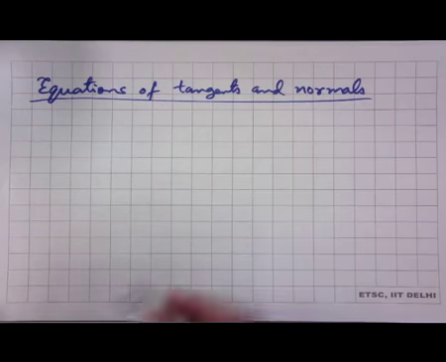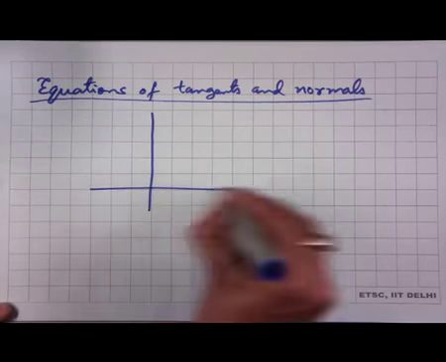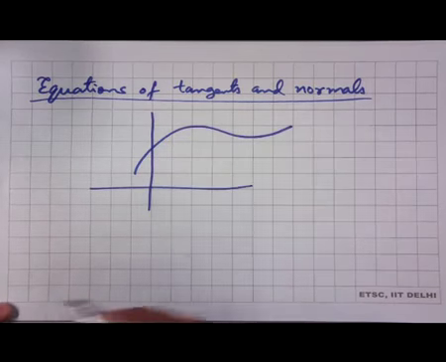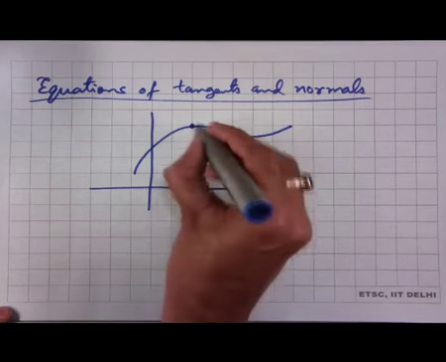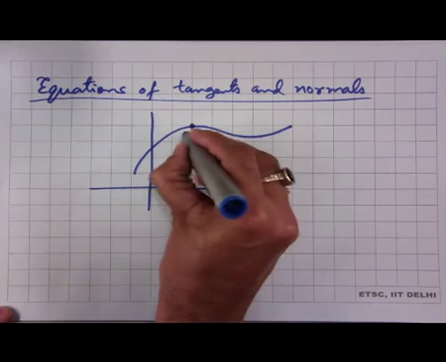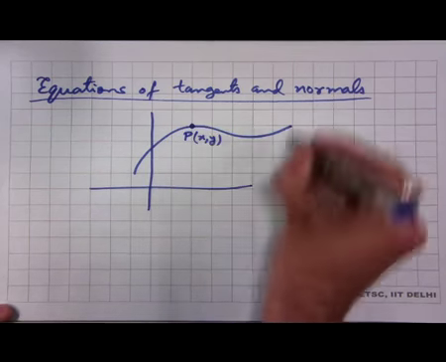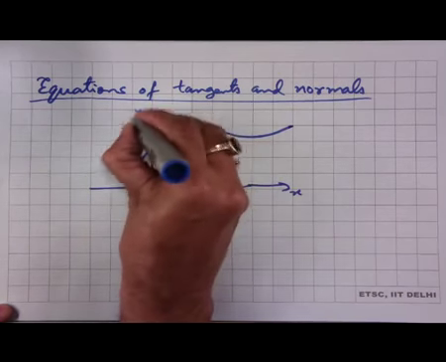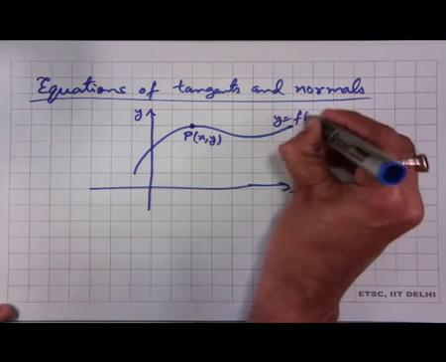So, suppose we have a curve, and if we look at this point, say P, whose coordinates are x comma y, and the curve is y equal to some f of x.